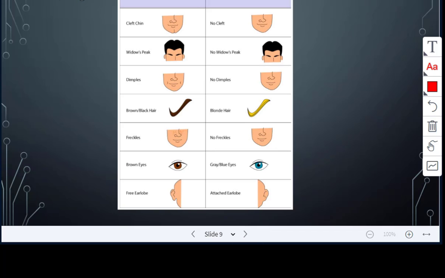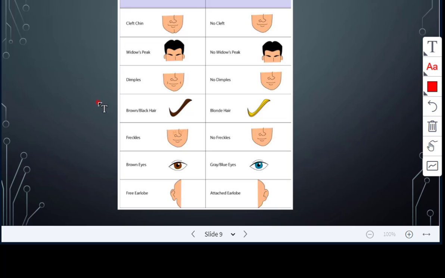And here are some more examples of dominant versus recessive. A cleft chin is dominant. No cleft is recessive. A widow's peak is dominant. Not having the widow's peak is recessive. Dimples are dominant. No dimples are recessive.